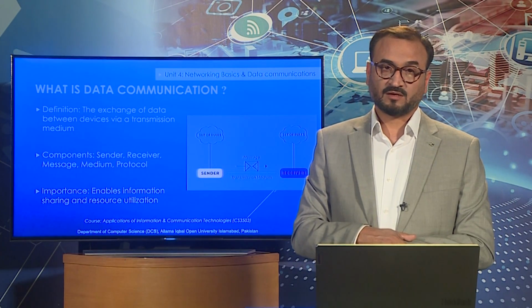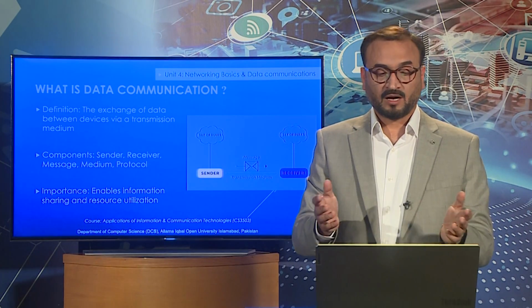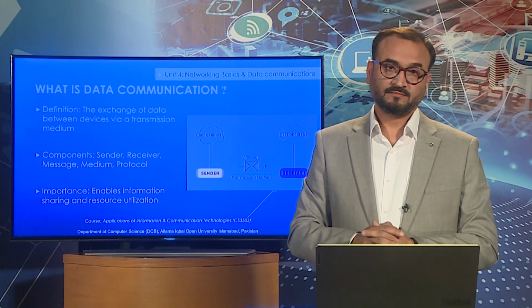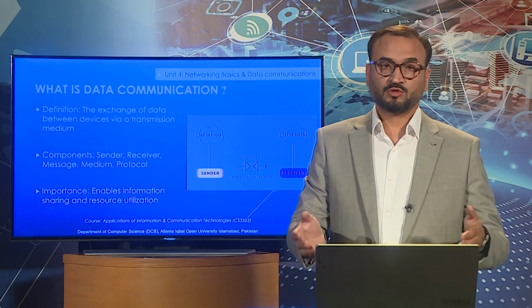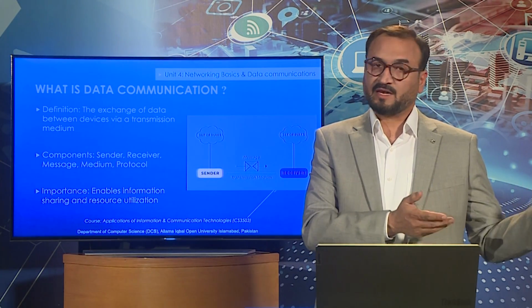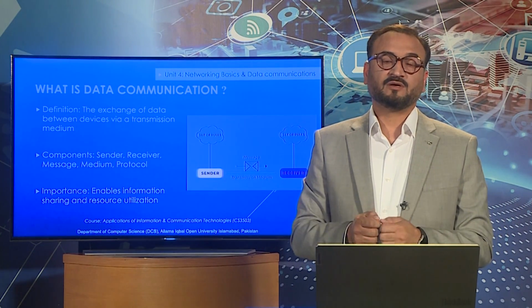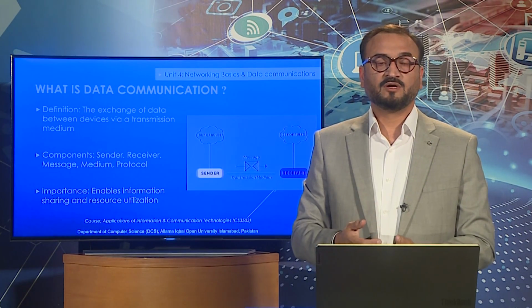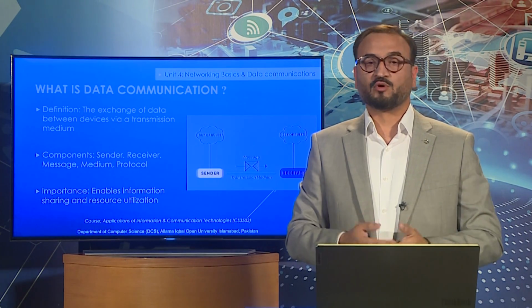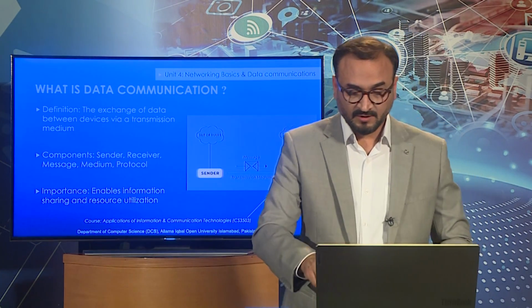So, rules are the protocols. For example, I am communicating with you through a language, English. The decision of English or any other language could be defined in the form of a protocol, in the form of rules and regulations.